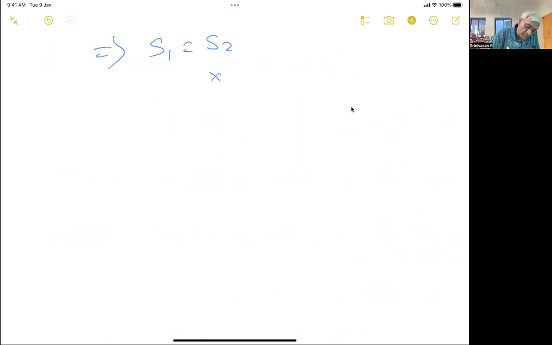So we have proved the following. We have proved that if rho is a Gaussian state, it means the position and momentum observables, the self-adjoint operators, follow normal.